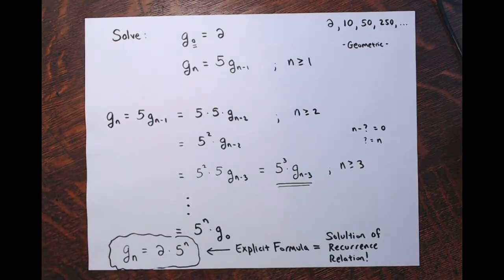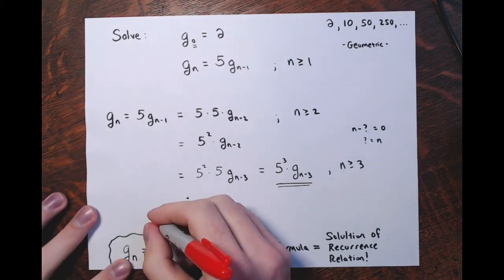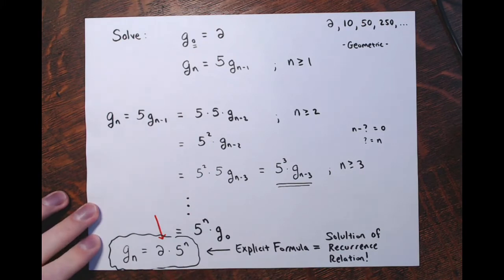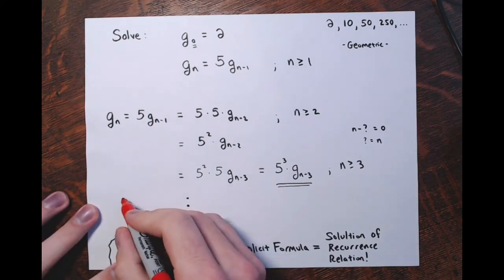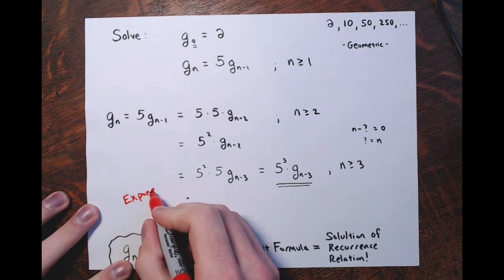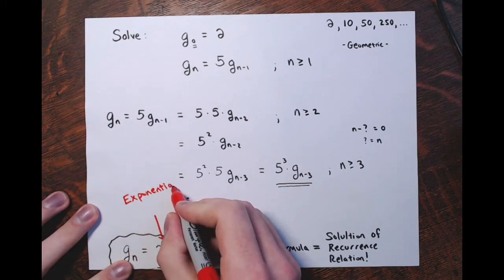Now, what I'm going to point out here is something we're going to use for future recurrence relations that are like this one right here. Hopefully you're noticing that this solution is exponential in n. It's an exponential function, an exponential rule.